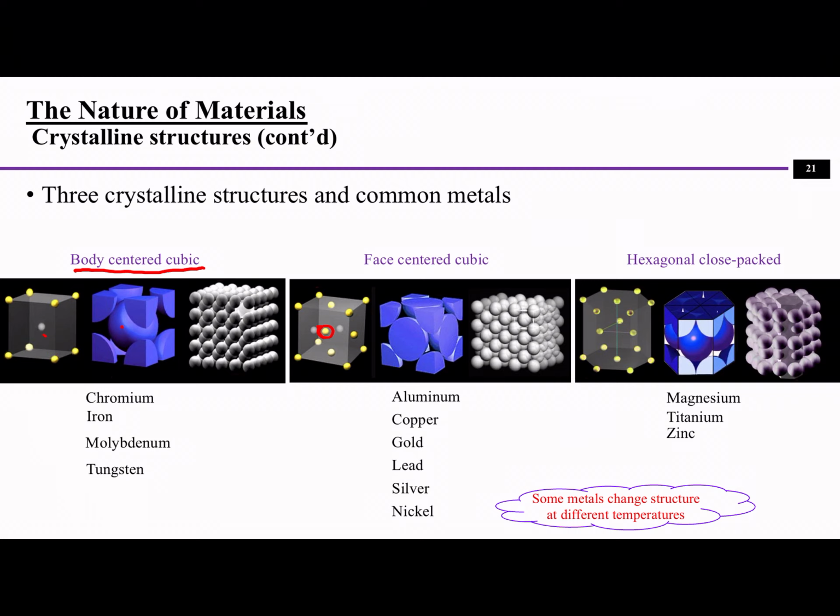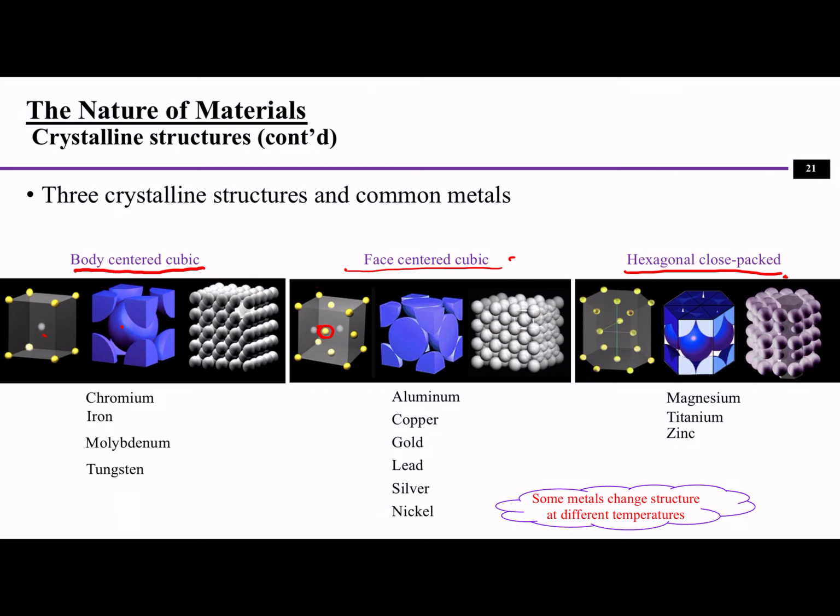Another one is hexagonal close pack. This is how it looks for hexagonal close pack structures. And also some examples are shown. For body-centered cubic, it forms a 3D structure that is all attracted together, very tightly packed.